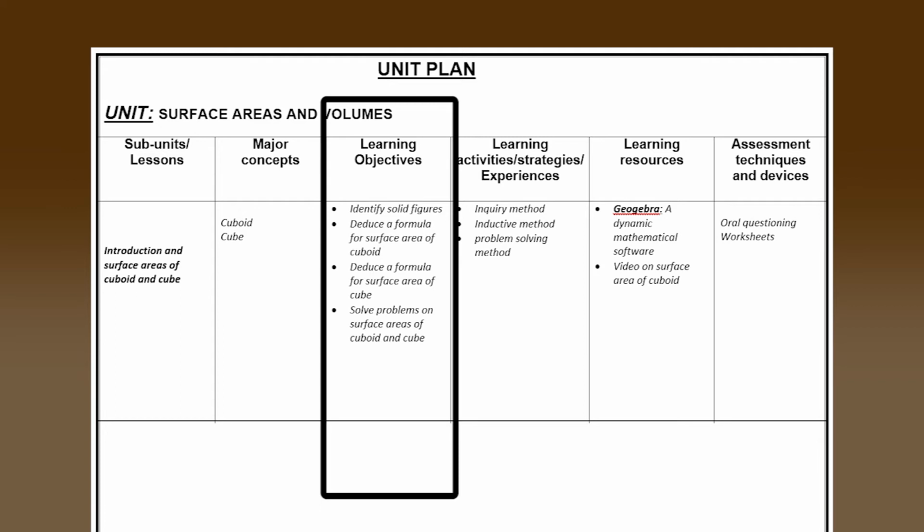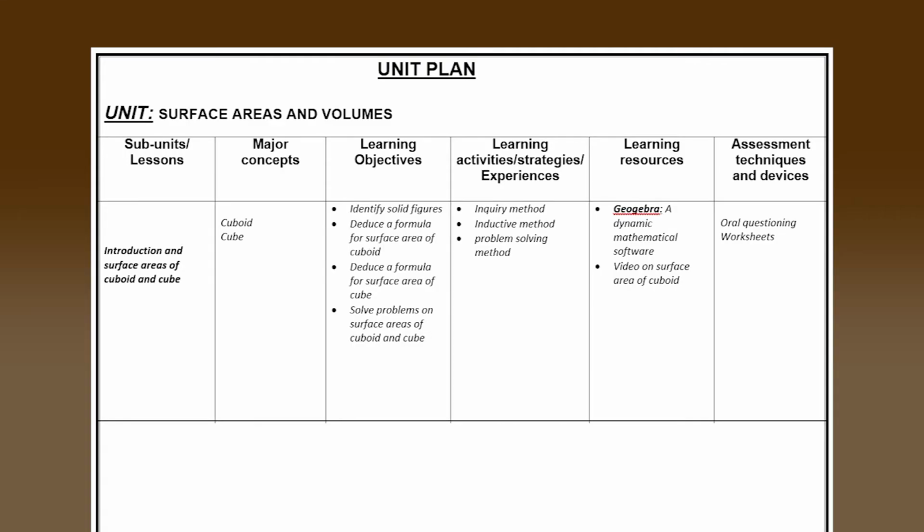First and foremost, you can see that the students are expected to identify solid figures. Here it gives an opportunity for the student teacher to create learning activities by providing a learning situation. You may present models of different geometrical objects which are cuboid in nature or cube in nature or rectangular in nature, so that it enables them to identify the solid figures.